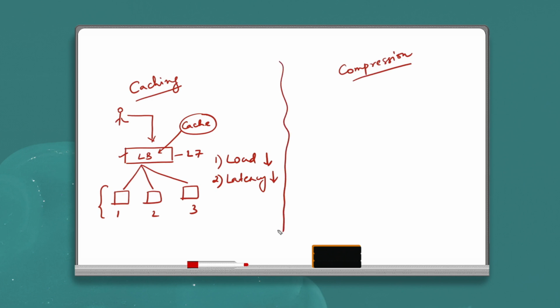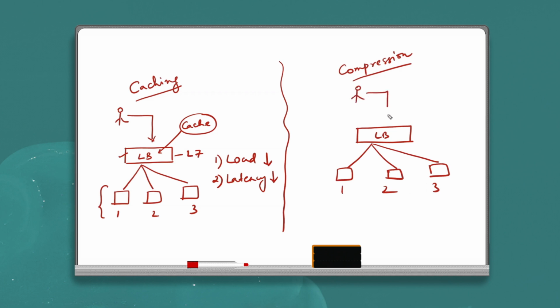Now let's talk about compression. Let me redraw this architecture. There is a load balancer. There are 3 servers, 1, 2, and 3. And then there is an application user. Compression means that the backend server responses are going to be compressed before we return them to the web application user. So again there are 2 advantages.